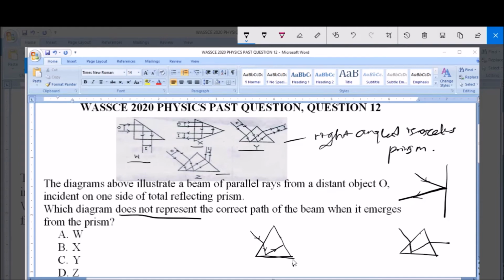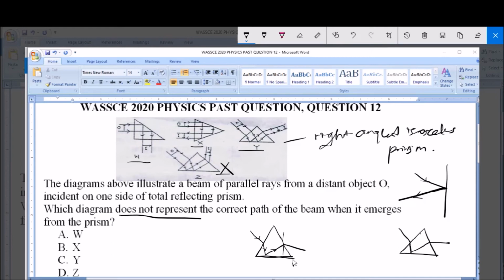Once this light comes to this other side of the triangular prism, it is supposed to be refracted again, because now it is moving from the denser medium to the less dense medium, which is from glass to air. So it is meant to be refracted. Let's take for instance, this is our normal. Now this light is supposed to be refracted somewhere like this, not upward, and that is why illustration Z is actually wrong.